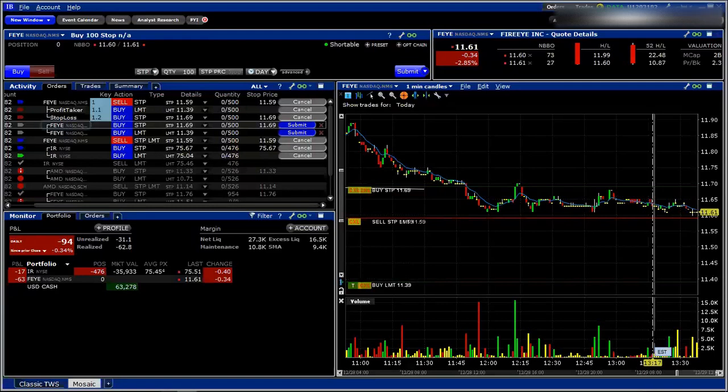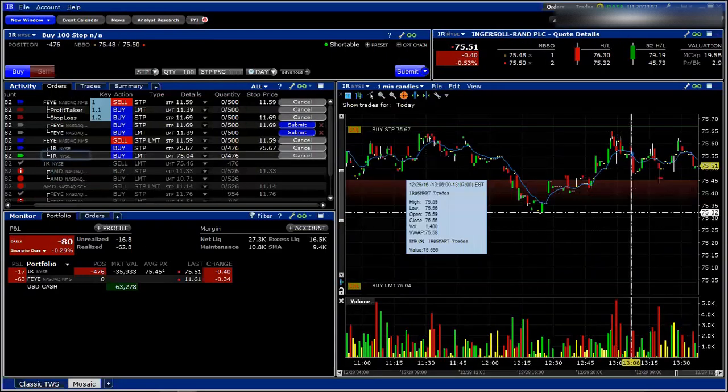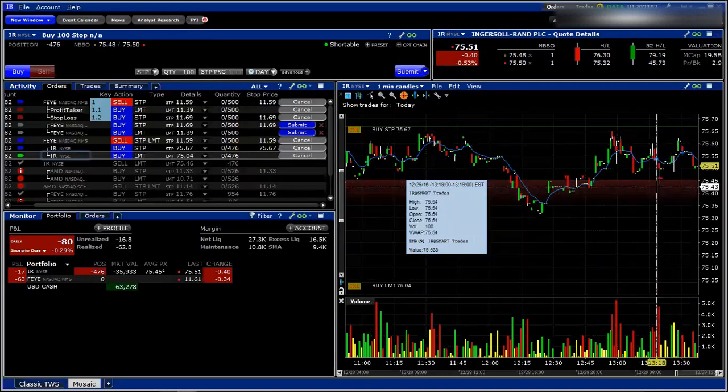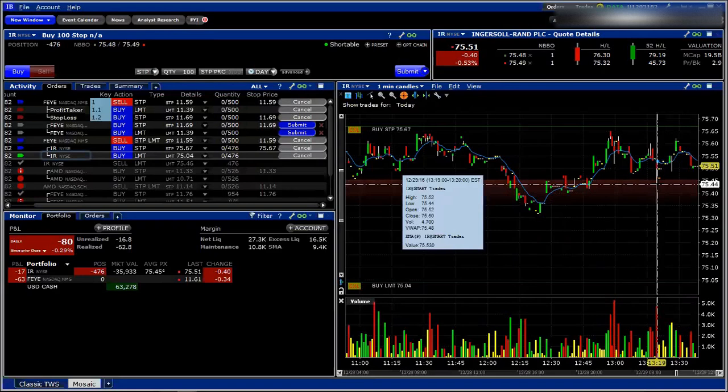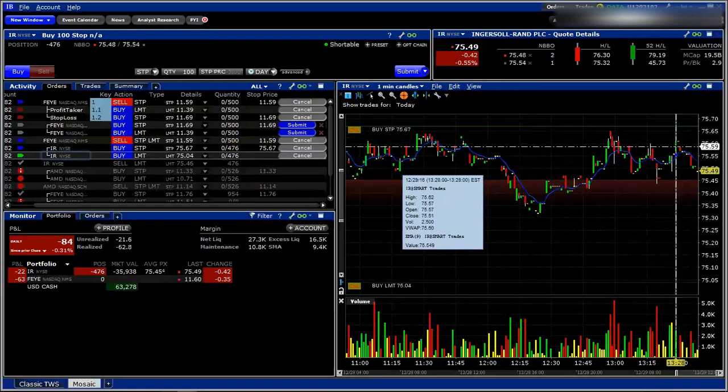And of course, while I'm recording the video, it's going to wait. I will come over here, take a look at Ingersoll Rand. Looks like it did roll nicely off of that resistance. So if it does break the low of this candle, and again, I can put my cursor on the candle and see the low of that candle is 75.44. If it does get below 75.44, I'll come in and lower my stop to be a few pennies above that guy.